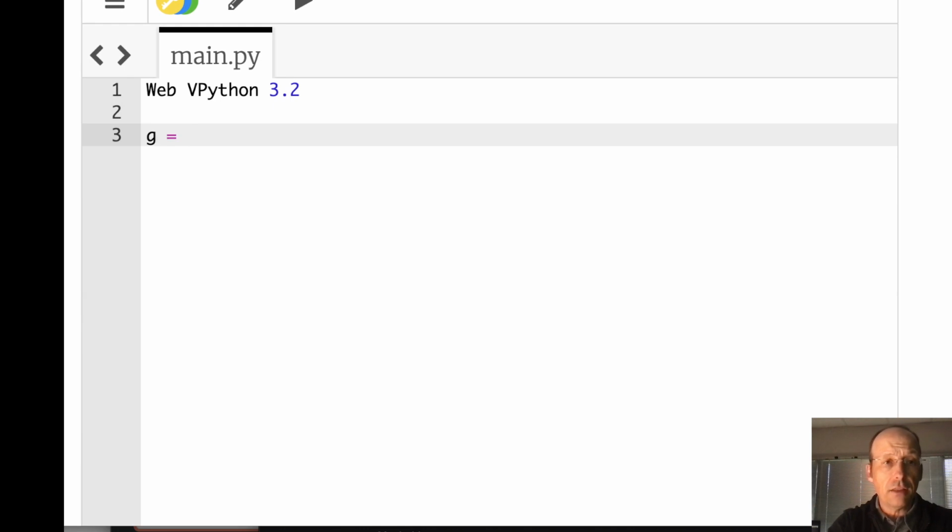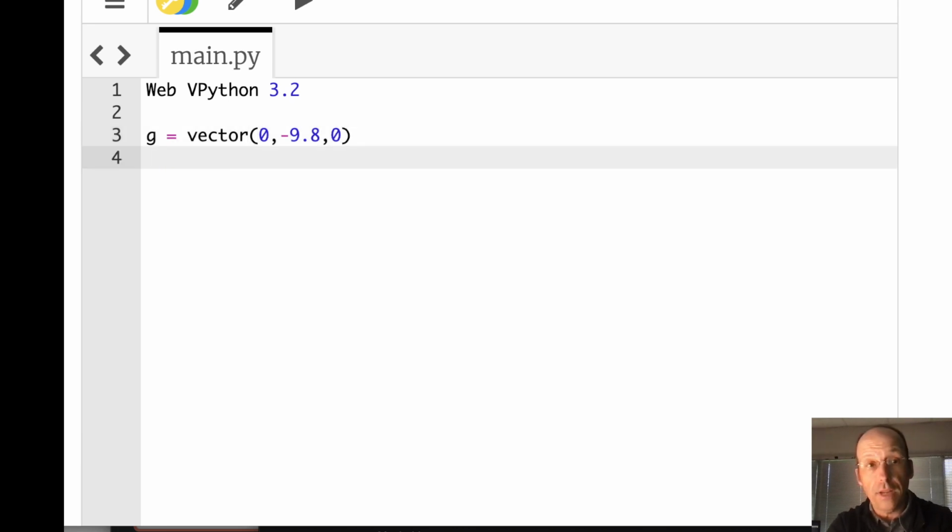Let's start off with some constants. I definitely need g, the gravitational field, vector 0, negative 9.8, 0. I'm going to make a ball to move down. I'll call this ball1 equals a sphere. I'm going to put it at y equals 1, and then move it down to y equals negative 1, and you could pick whatever value you want.